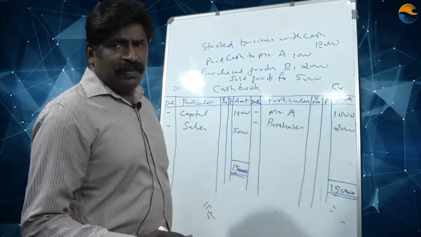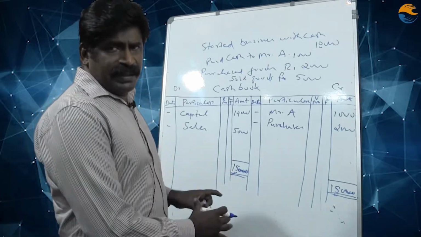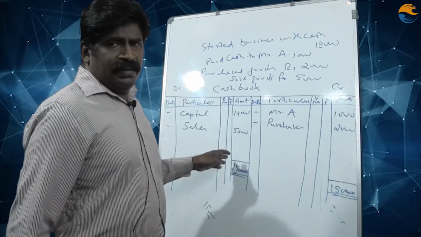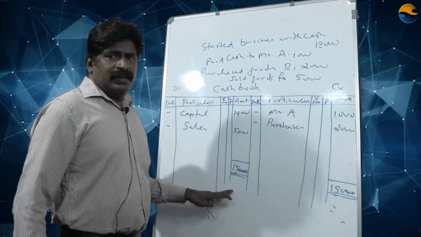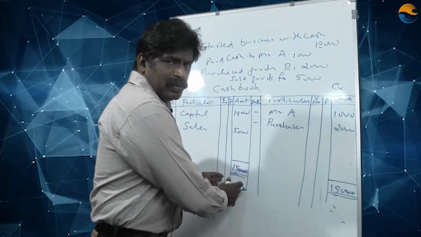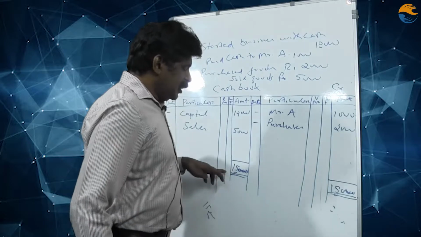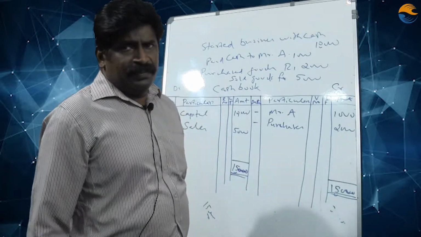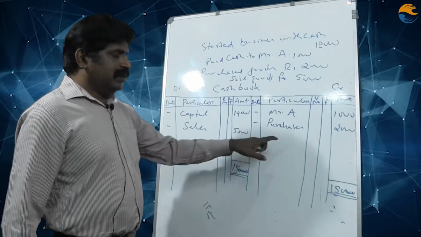So the process is find where is the highest total. In this case, the debit side has the highest total. We total to the debit side, and then the same total will be shown on the other side corresponding to the total. Then find out the difference between these sides.